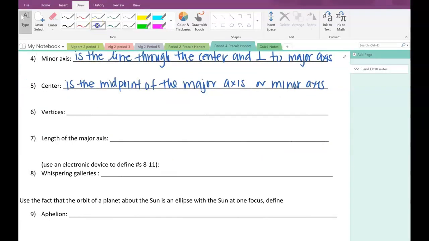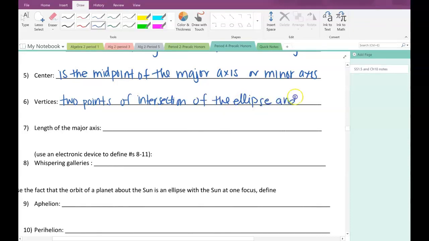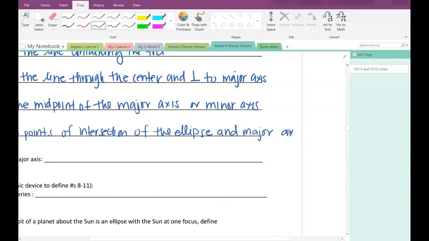Vertices are two points of intersection of the ellipse and major axis. Okay, so what do I mean by that?